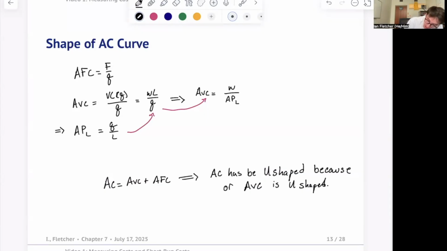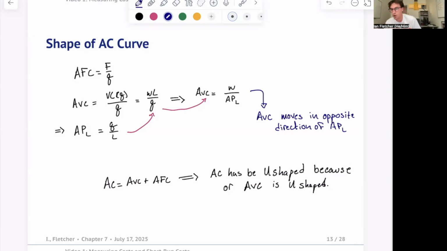And we know that this is U-shaped primarily because the AVC moves in the opposite direction of the APL. And the APL, as we recall from beforehand, was hump shaped.